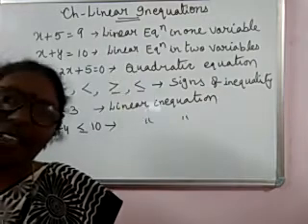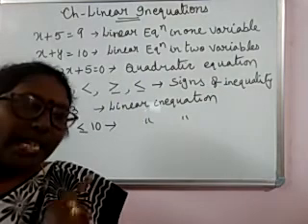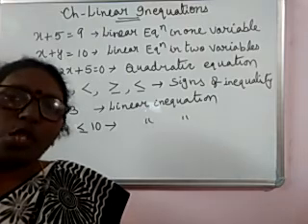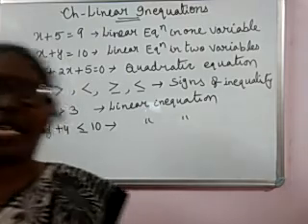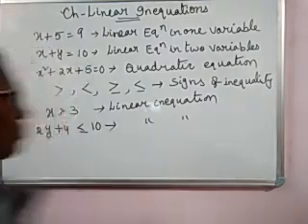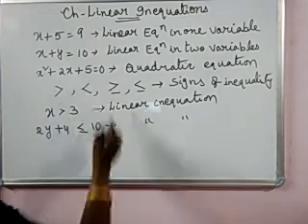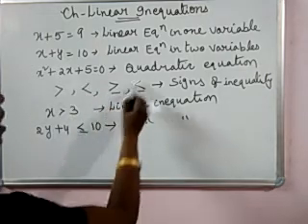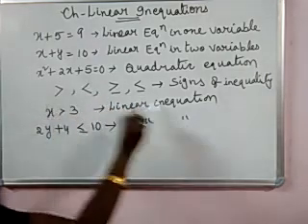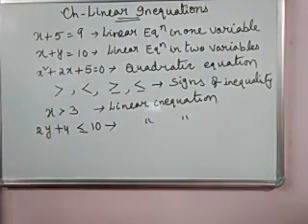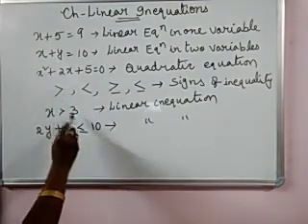Then what is an inequation? An equality of two statements is an equation, and if two statements are not equal, that is an inequation. Greater than, smaller than, greater than or equal to, smaller than or equal to, these are the signs of inequality. Okay, x is greater than 3.